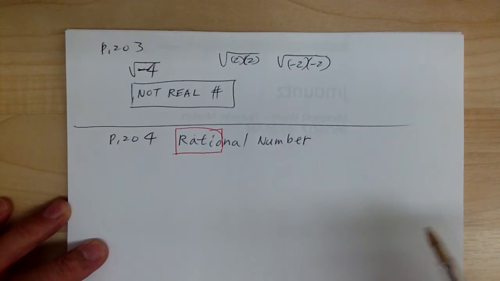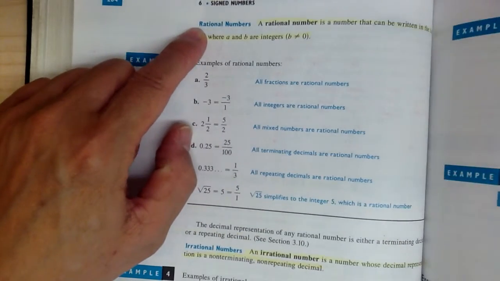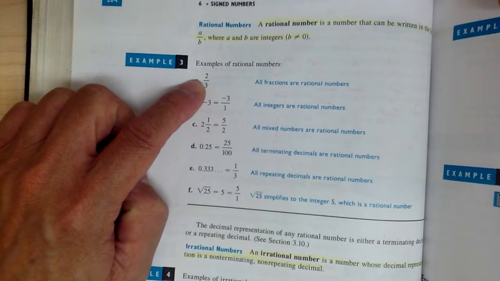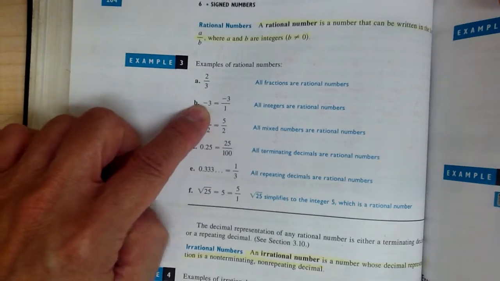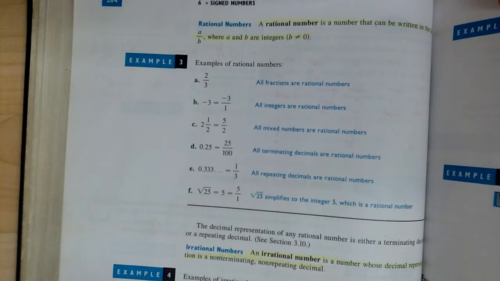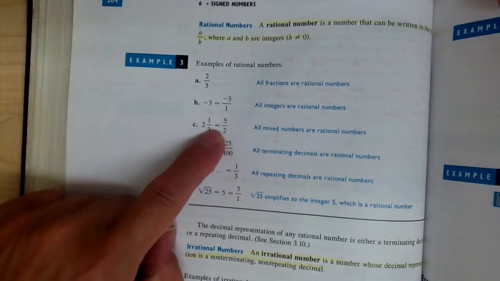So if you look at some of the examples, remember, a rational number is a ratio, a fraction. This one is a fraction, so therefore it's rational. Negative 3, you can convert into negative 3 over 1, so it's a fraction. Anytime you can change into a fraction, it's a rational number. 2 and 1/2 becomes 5 over 2.